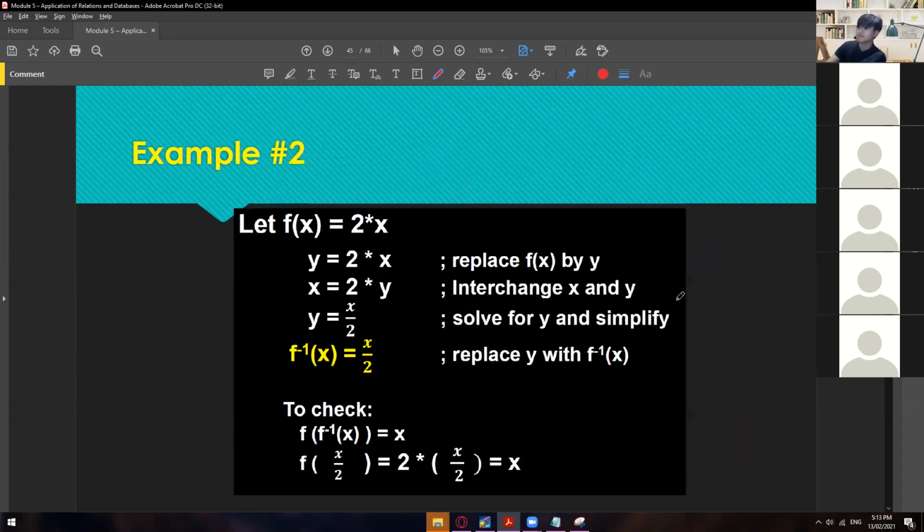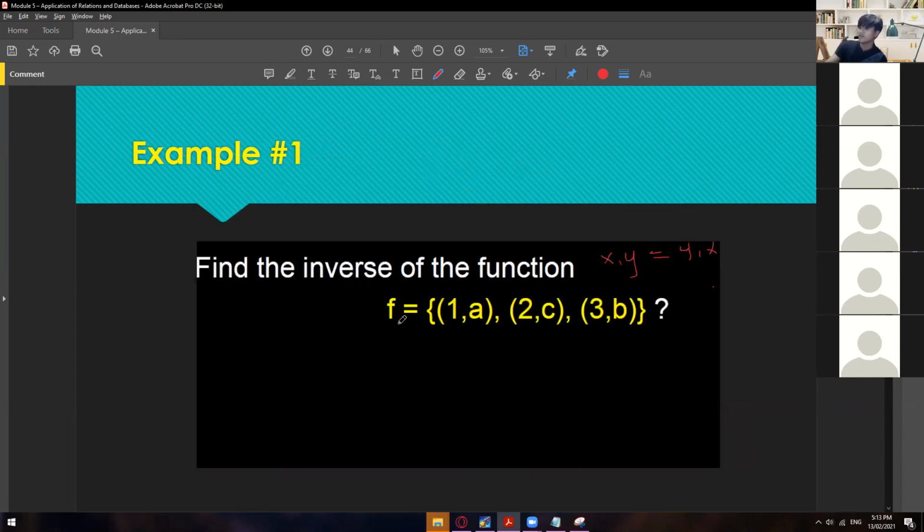We have this function: xy, xy, xy. If you're going to create an inverse function of this one, you're going to have a1, c2, and then b3.